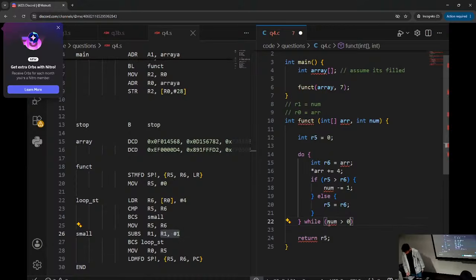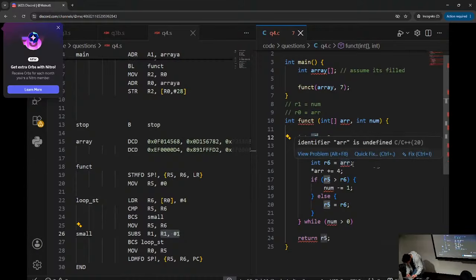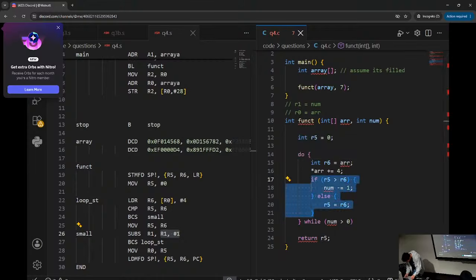Now we can actually condense this even more. Okay, so R5, let's look at this if statement real quick. This is sort of messy. We can actually reverse this and say, hold on.